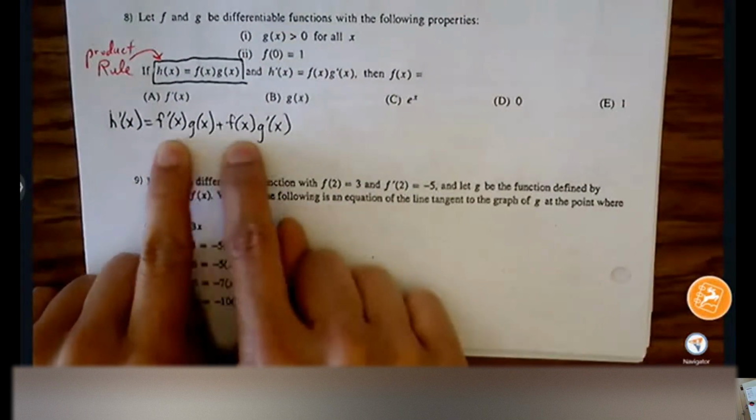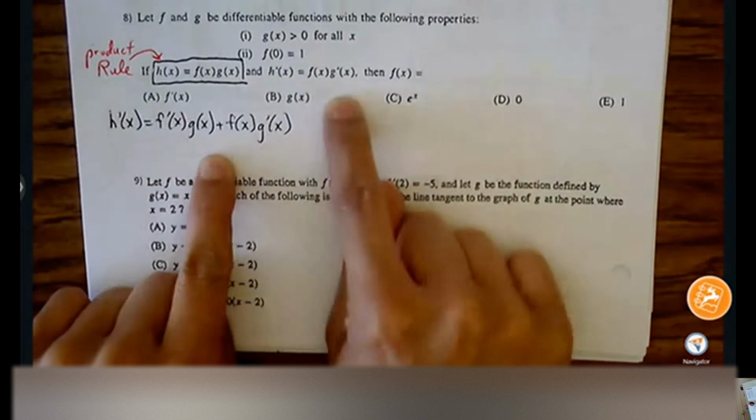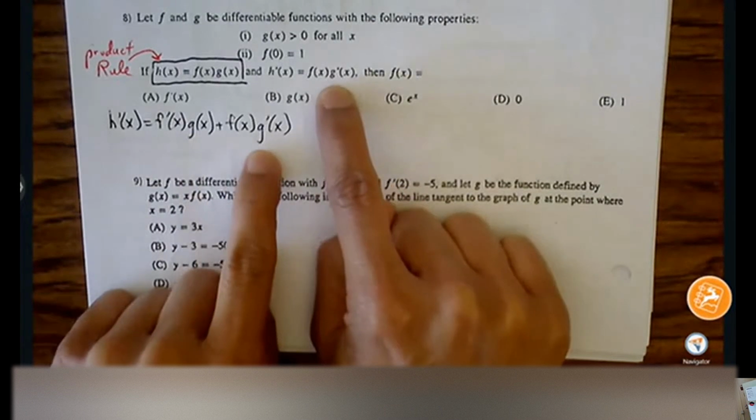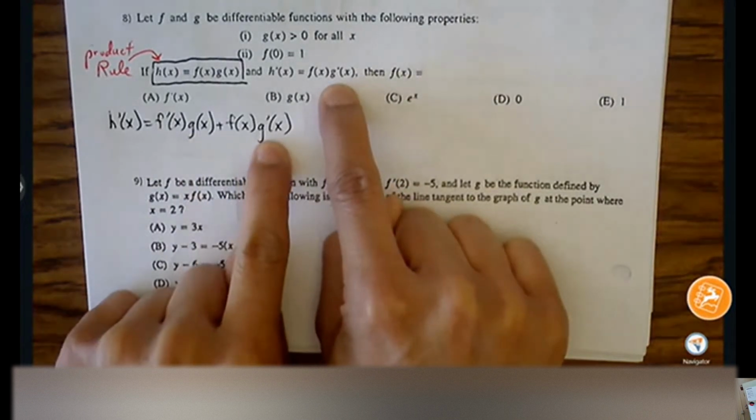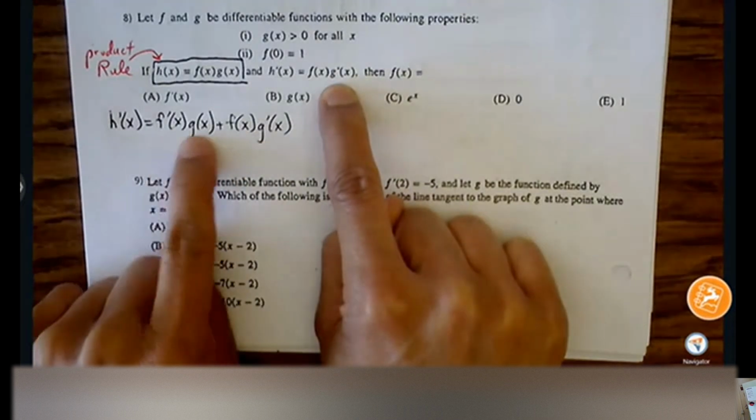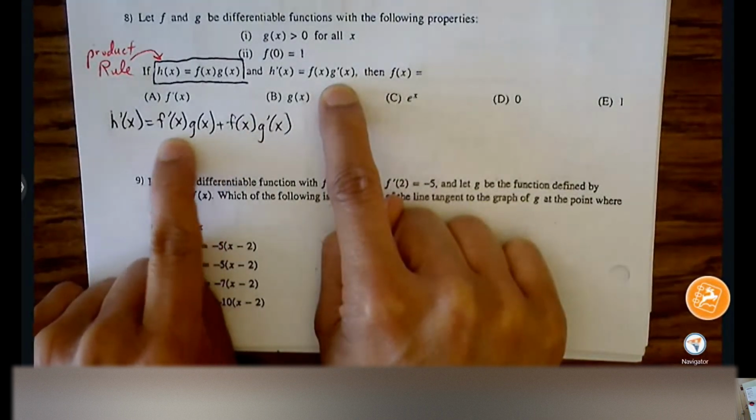So this is my derivative I found. This is their derivative. Notice that I do have some matching pieces, but they did not include this f prime times g of x at all.